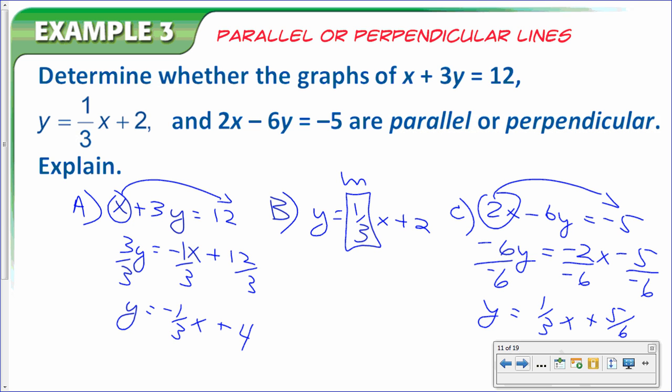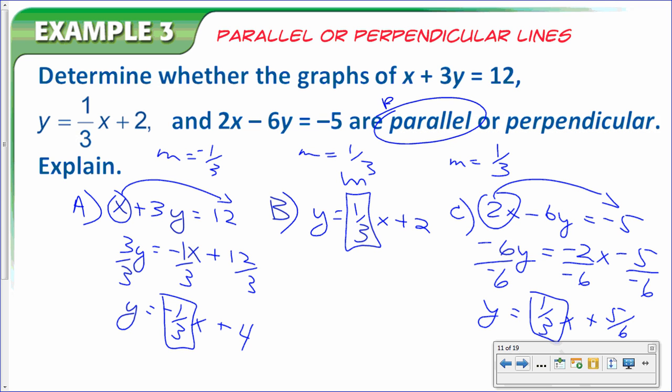Just leave it like that. Okay, so we got the slope here. This slope. Okay, so 1/3. Slope equals 1/3 there. Slope equals -1/3. So what do you see here? B and C are what? B and C are parallel.